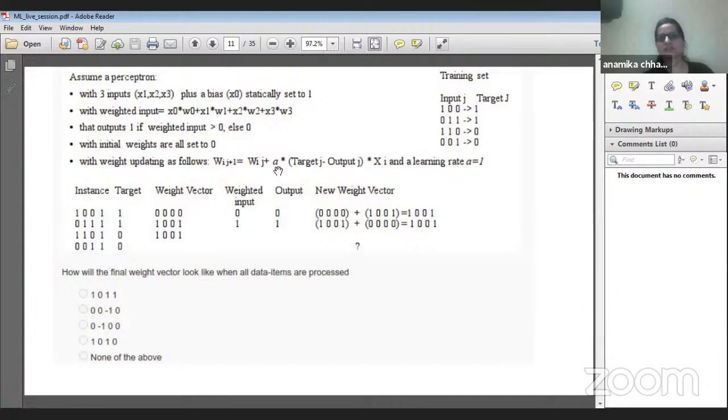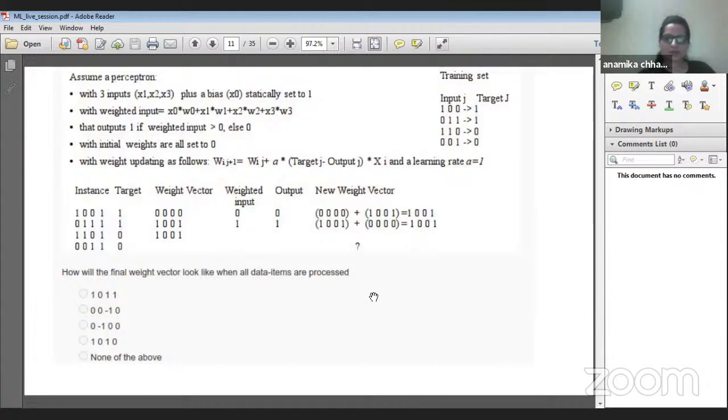That's a hyperparameter which is given to be 1 over here. Target j minus output j, as I said, we compute the difference. Target is this one, and output is what we will get from one iteration of the perceptron, multiplied by x_i, that was the input instance, this thing, 1001. So now let's get started.